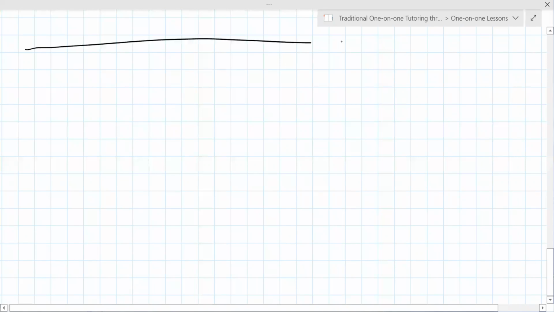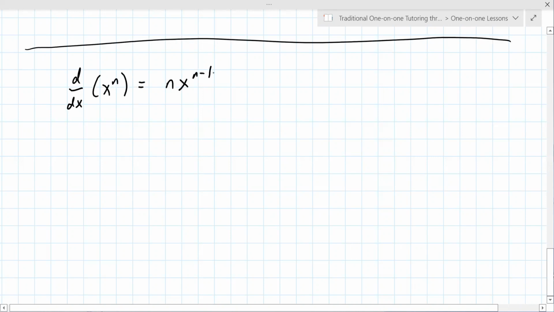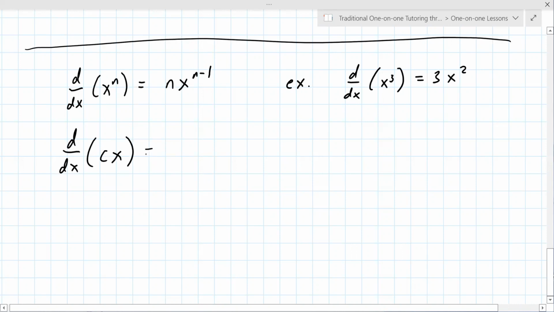So let's briefly review a few of the derivative rules. d/dx of x^n is n times x^(n-1). An example would be d/dx of x cubed, which becomes 3x squared. This is the power rule. Another one: the derivative of a constant times a variable, c times x, is always the constant.